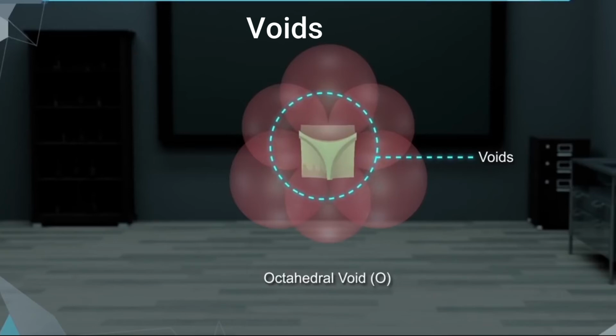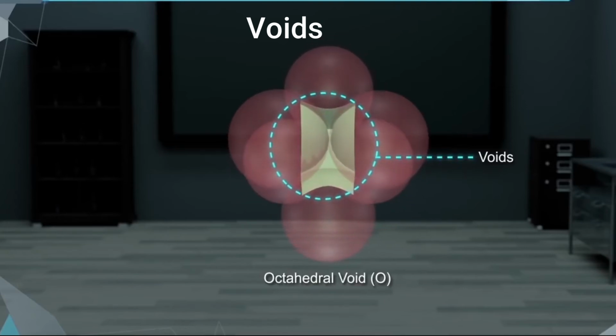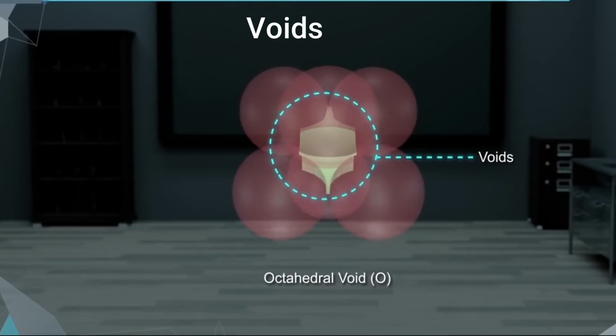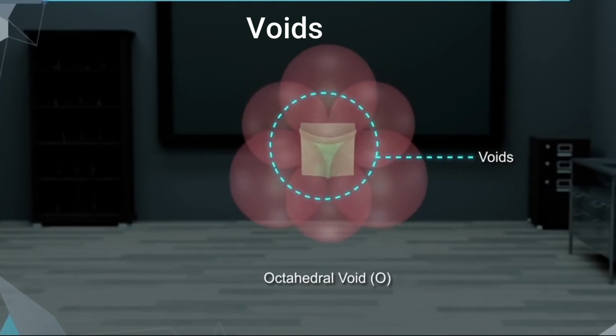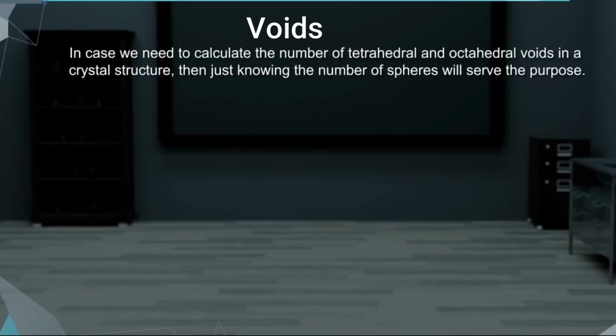An octahedron is formed in the three-dimensional structure. And again, you see here, an octahedron is forming in the three-dimensional structure.